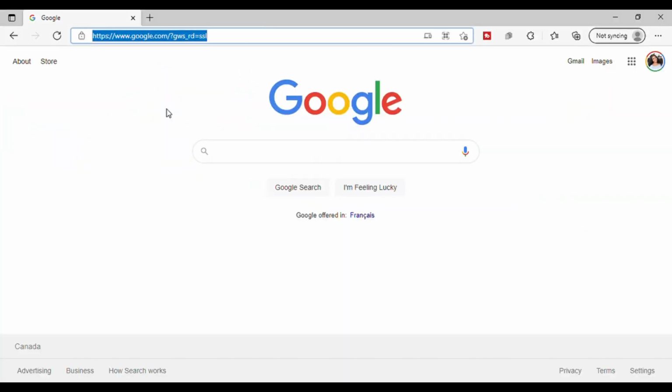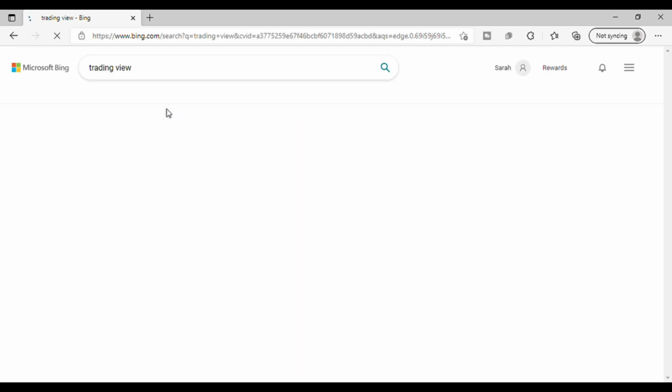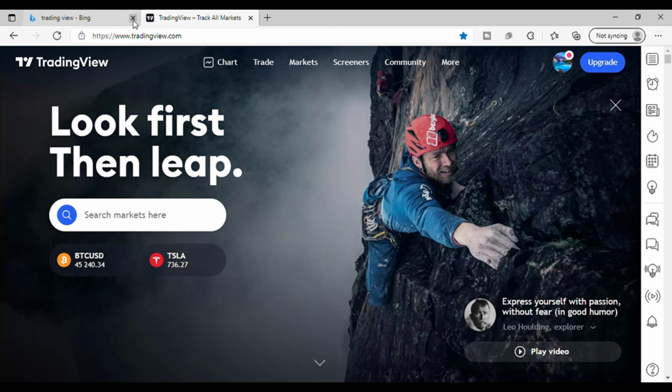Let us go to tradingview.com. TradingView is basically where you will be able to look at charts for any cryptocurrency that you like to trade.